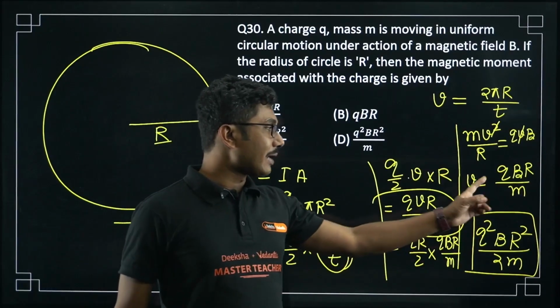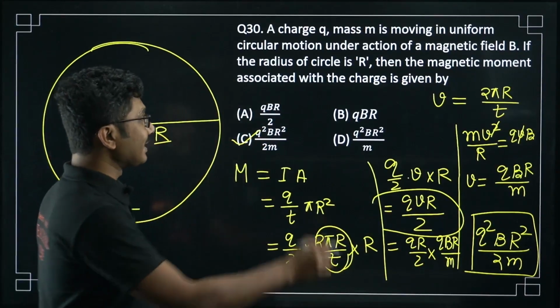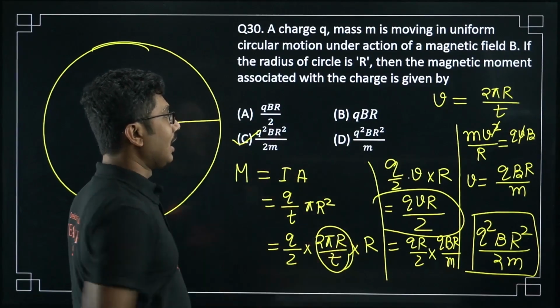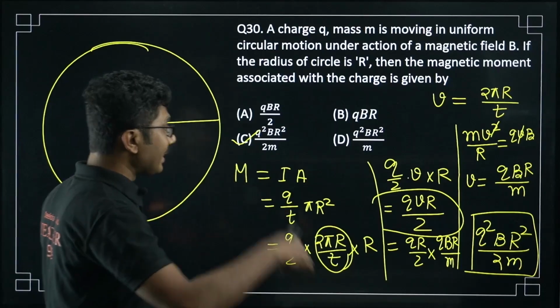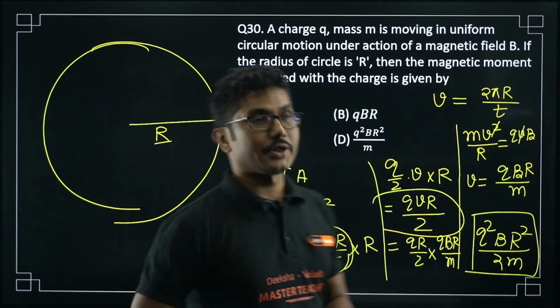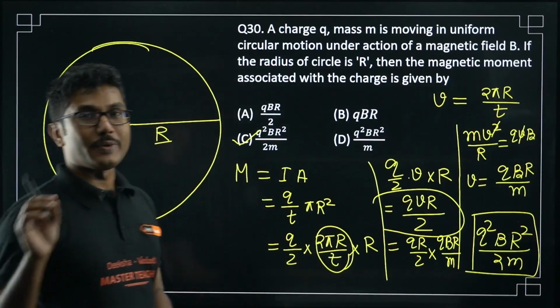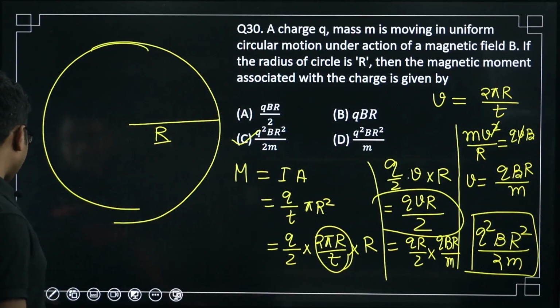It is q square b r square by 2m. So this is the correct answer. That is why this is given twice. If you see, in one case there is a 2 here, and in another case the 2 is not there. So be careful if you see this question. This is a very tough HOTS question, and there is a chance that there will be at least 1 or 2 very tough HOTS questions given in your board exam as well.